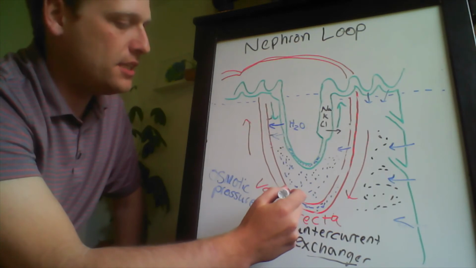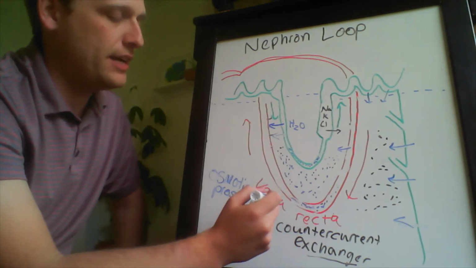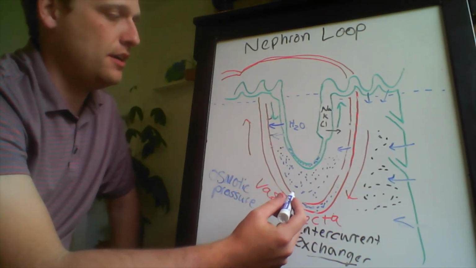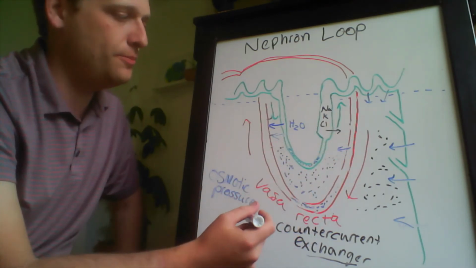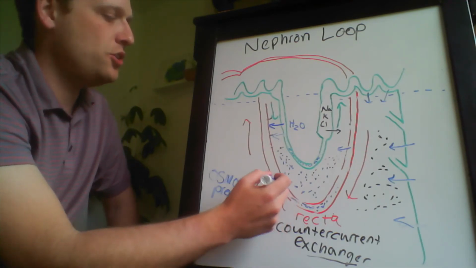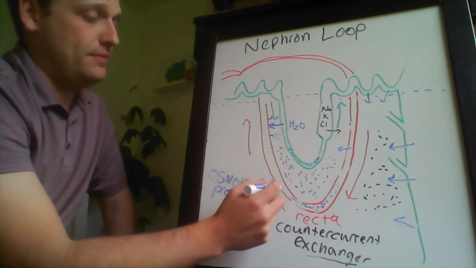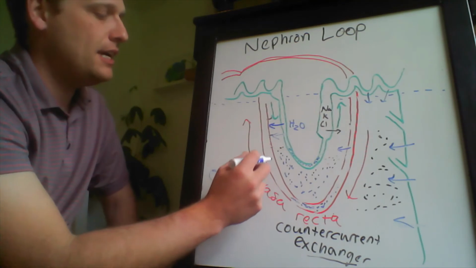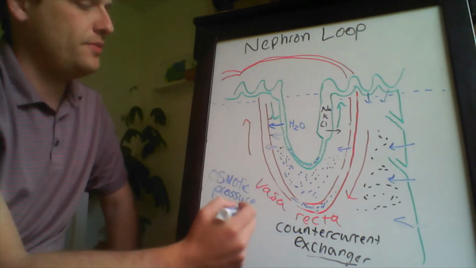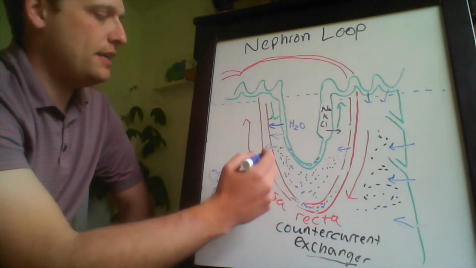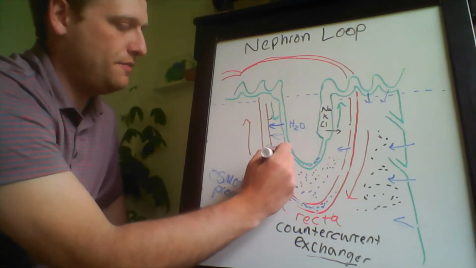And once you've got this high concentration of electrolytes in the vasa recta, lower concentration higher up, and higher concentration the further down you go, once you start to ascend in the vasa recta, now you have a high concentration of electrolytes, and that's actually going to favor diffusion of water into the vasa recta, and those electrolytes that it picked up are going to be diffusing out.